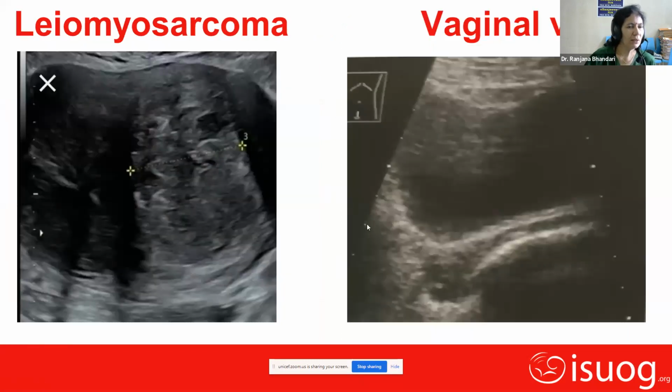Now let us come to the leiomyosarcoma. Leiomyosarcoma is one of the cancerous lesions in the case of uterus. The incidence is very, very low, 1 in 1,20,000 people. But we can easily find it out because it is irregular shape, inhomogeneous or heterogeneous, and it's a complex structure.